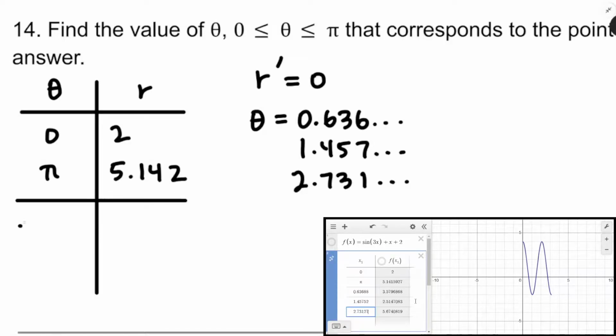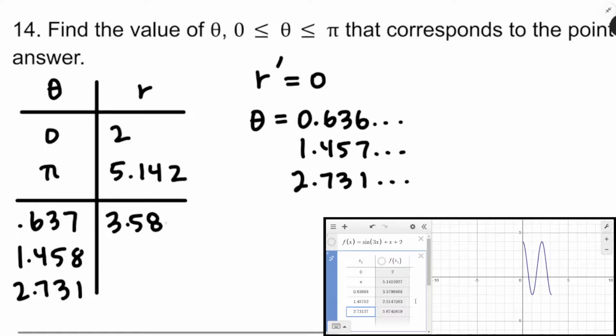So 0.637, because theta is going to be our answer, 1.458 and 2.731 gave us values of 3.580 and 2.515. Okay, I'm seeing what's happening now. 5.674. I didn't notice that before.